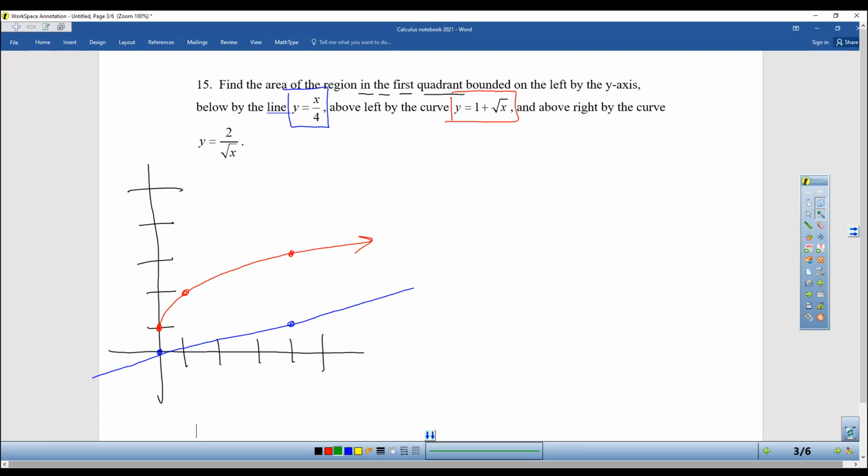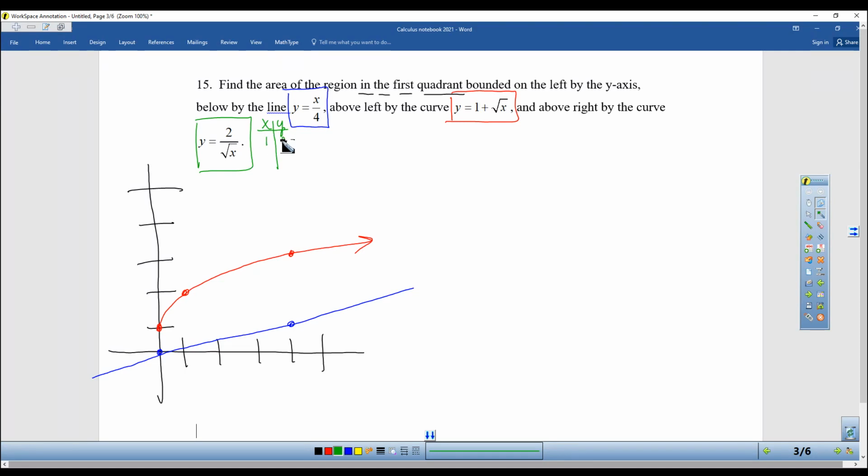And above right by y is equal to 2 over the square root of x. So I actually don't know what 2 over the square root of x looks like. So I'm going to have to plot points. So x can't be 0. I know it's undefined at 0.